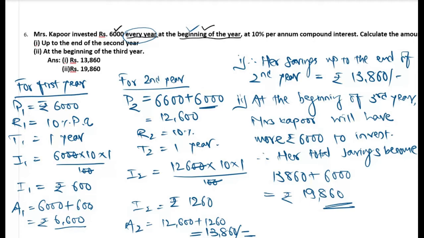Right? So do more and more practice of such sums. Your mind will try to understand the difference between the money invested at the beginning of the year or the end of the year, and how to find the amount. Let's move to the next question.